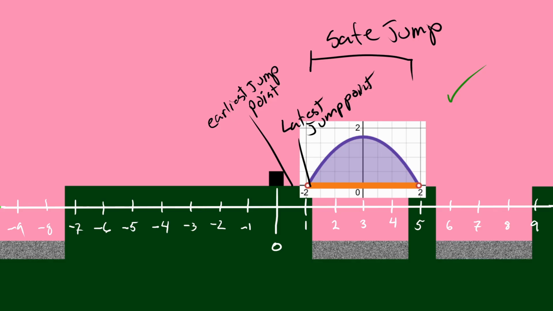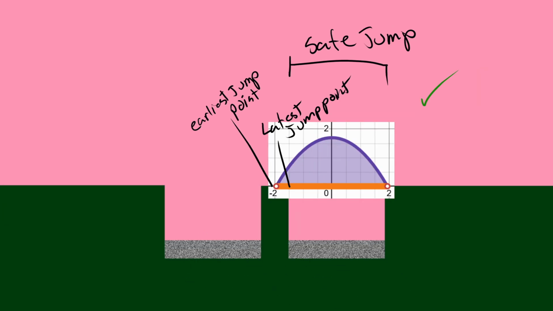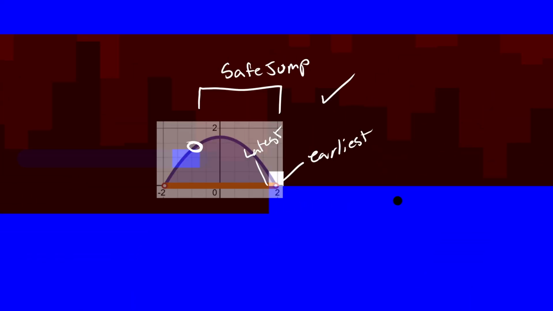Now that we have this handy graph, we can do things like identifying minimal jump point, latest jump point, but we can also apply this to platforms that are just slightly above us. Everywhere in the game, in order for it to function, we need to be able to reach it.